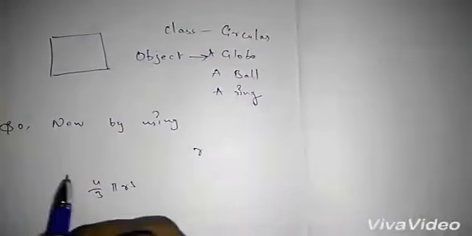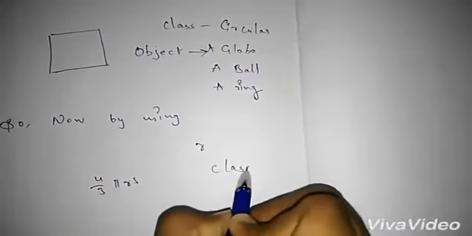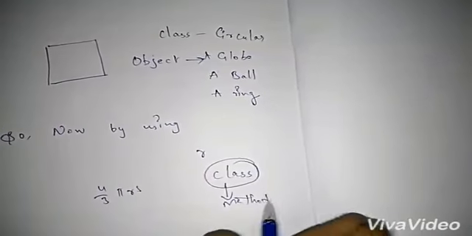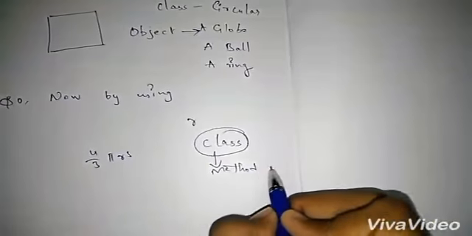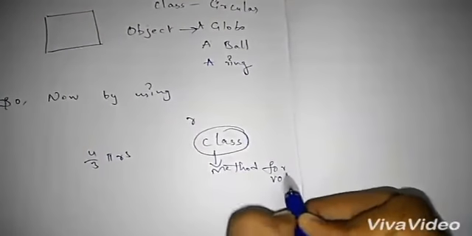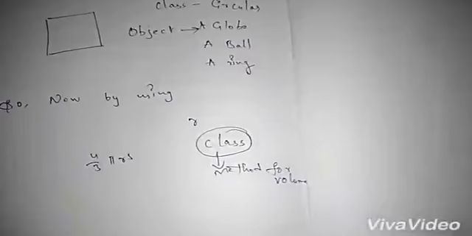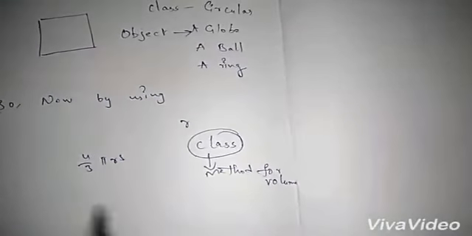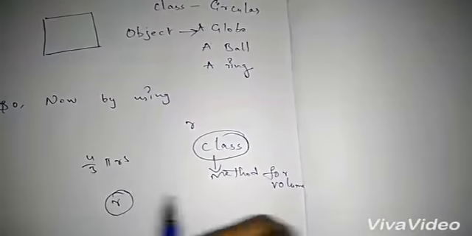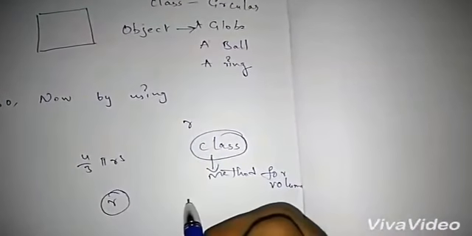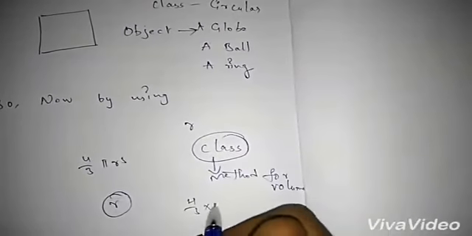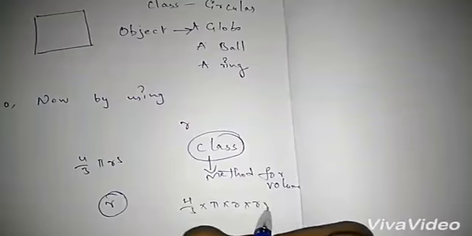So we define a method in the class. We define a method for volume. So by using this method, we receive r or radius from the user and calculate the volume by using the formula 4 by 3 into pi into r into r into r.